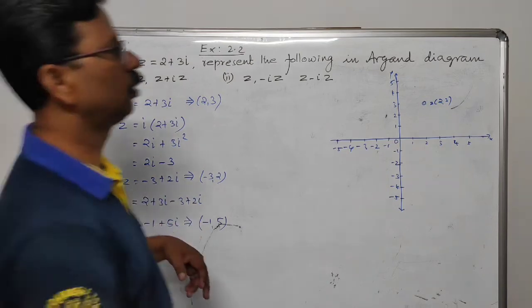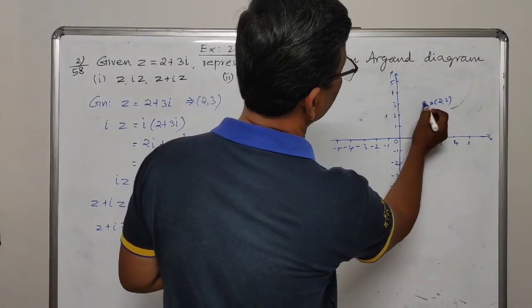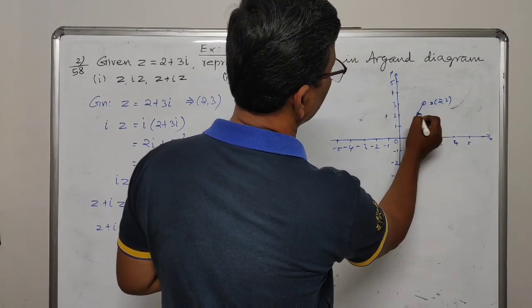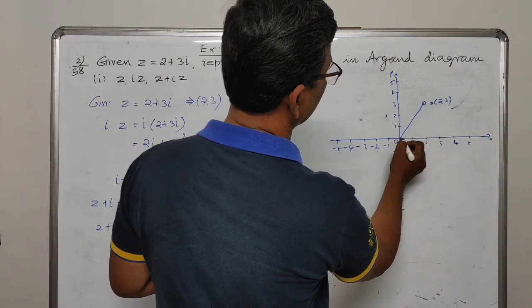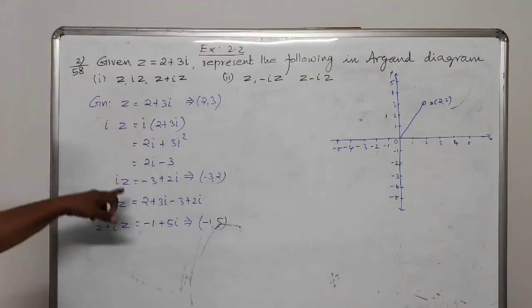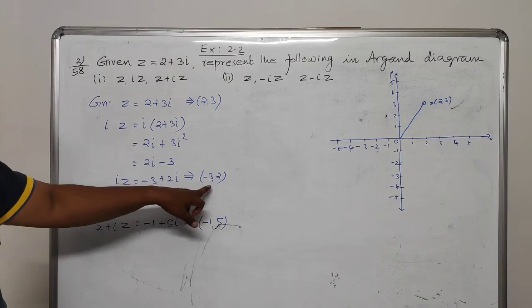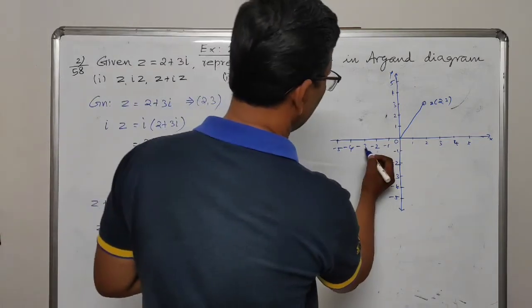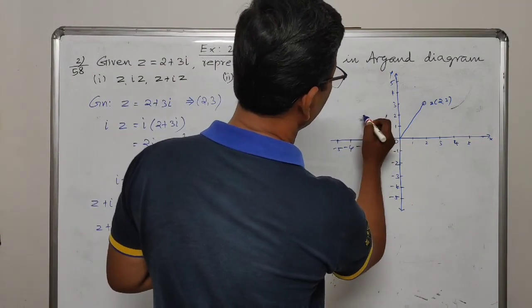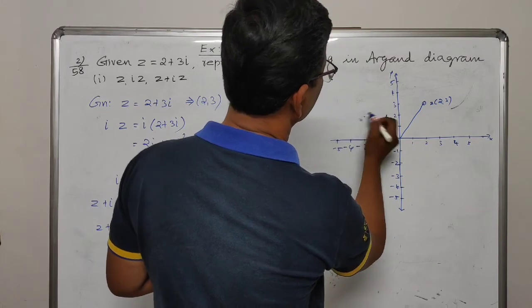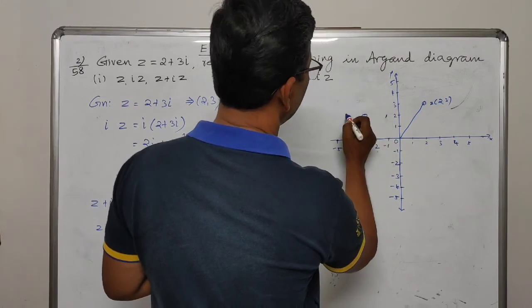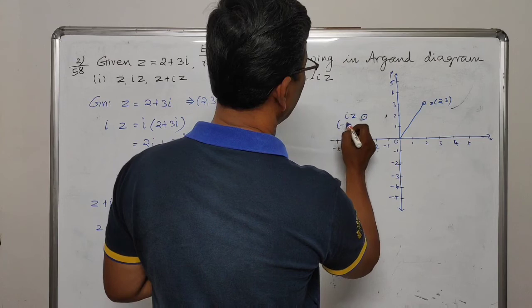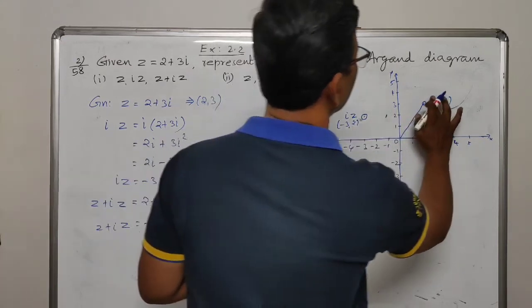For iz, 2, 3 means just you can join these things. Yes, after that you have iz. iz means minus 3, 2. This is minus 3, 2 here. This is iz, minus 3 comma 2. This is z.